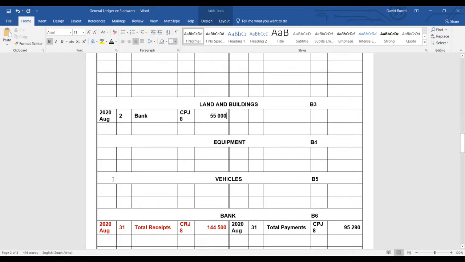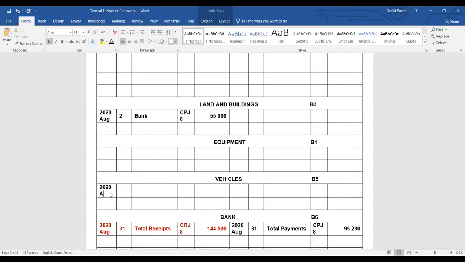Our next one was vehicles. So we go to the vehicles account. So it's 2020 August. Remember, everything besides bank is debited if it comes from the cash payments journal. So it is the 5th. Bank comes from CPJ8. And then the vehicles amount, that third transaction down your cash payments journal, is 22,500 Rand.